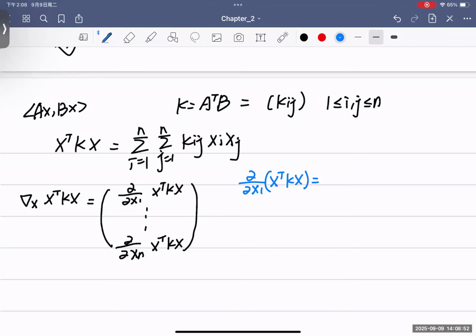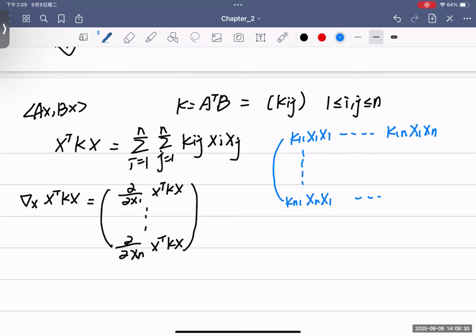When taking the partial derivative, we just focus on where we have the x1. There are n times n elements together, so I'll write them down in a matrix: k11 x1 x1, up to k1n x1 xn, and kn1 xn x1, until knn xn xn.